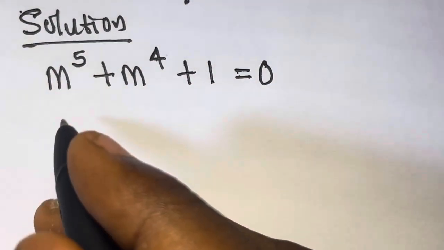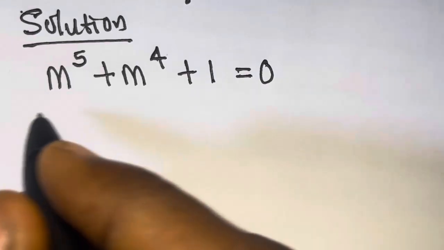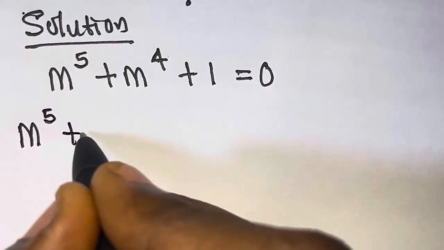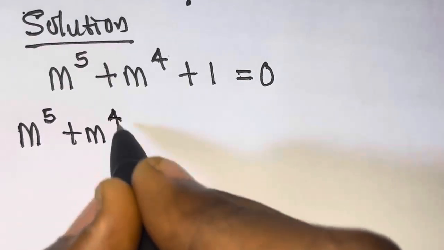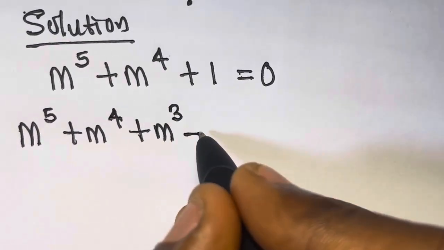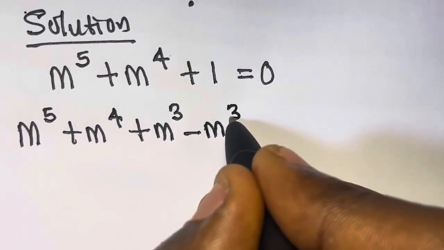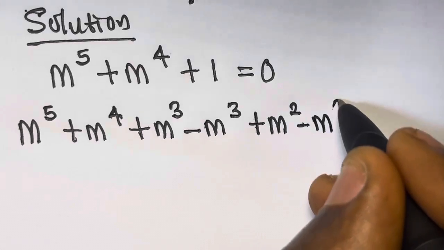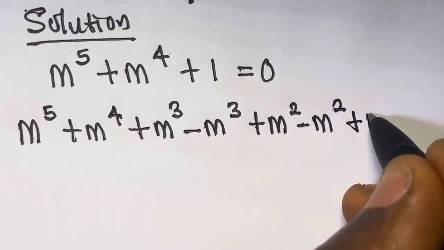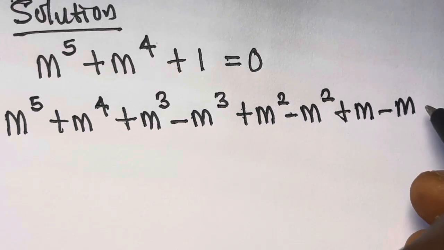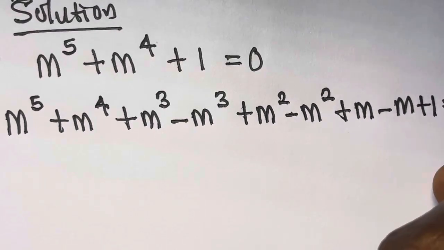So from here, we can transform this to be m raised to the power 5 plus m raised to the power 4 plus m raised to the power 3, then minus m raised to the power 3 plus m raised to the power 2 minus m raised to the power 2 plus m minus m plus 1 equals 0.